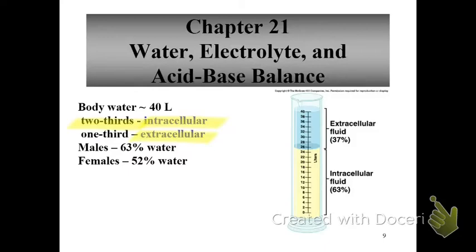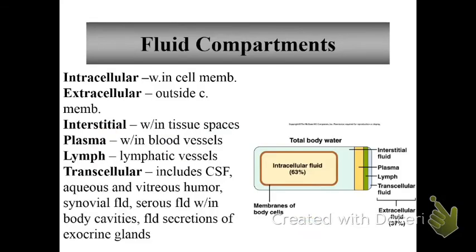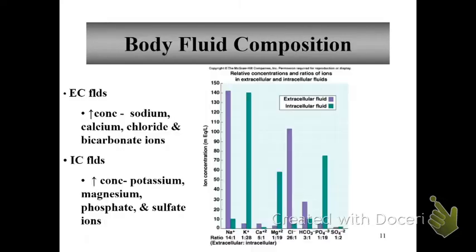Males have more and need to maintain more water than females do, but it seems like women drink more water than men. Those words are defined right there: inside the cell, or in the interstitial fluid with extracellular.